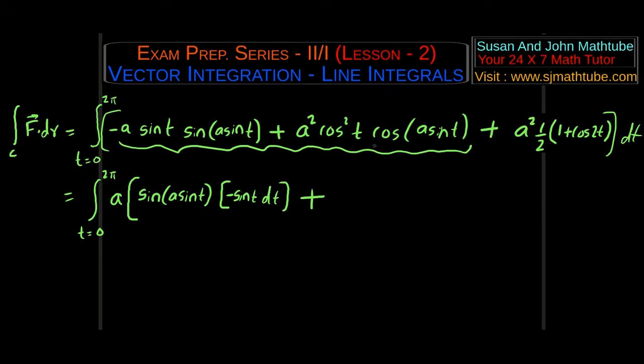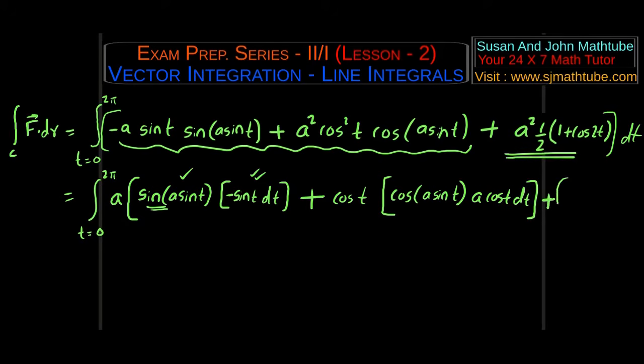Now what we do is, we have first function and derivative of second, and now the second function, that of course is cos t, that is why its derivative is here, and the derivative of the first, that means you have to differentiate this quantity, that will be cos a sine t times a cos t, plus for this part we will do the integration later.